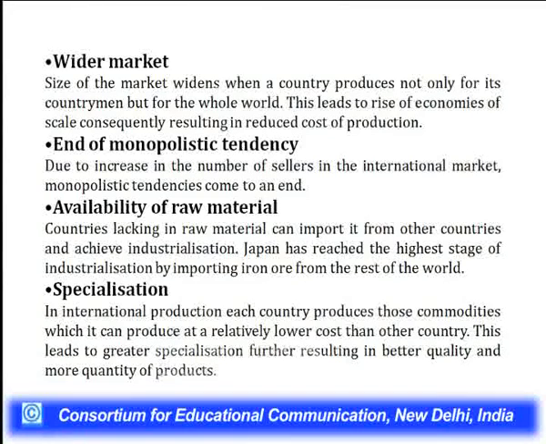So monopolistic tendencies come to an end due to international trade. Availability of raw material. Countries lacking in raw material can import it from other countries and achieve industrialization. Japan has reached the highest stage of industrialization by importing iron ore from the rest of the world.